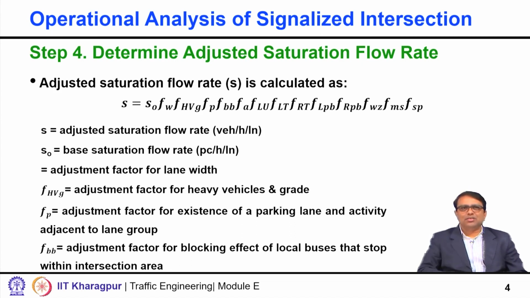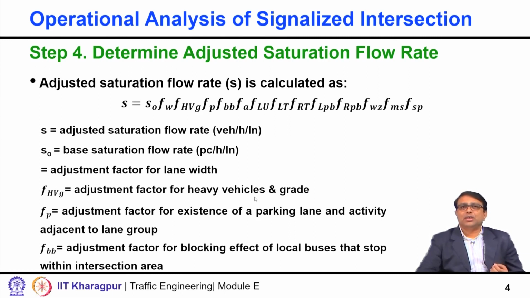What are the adjustments? You can see that many factors are multiplied with the base saturation flow to get the adjusted saturation flow S. What are the factors? Factors with respect to lane width: if the standard lane width is not available, if it is much higher or lesser, then there is an adjustment factor.